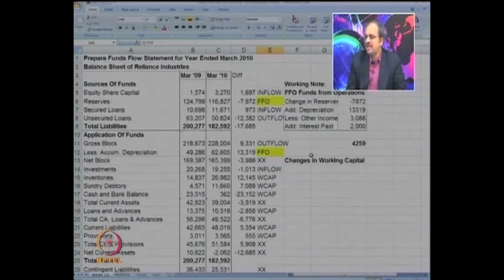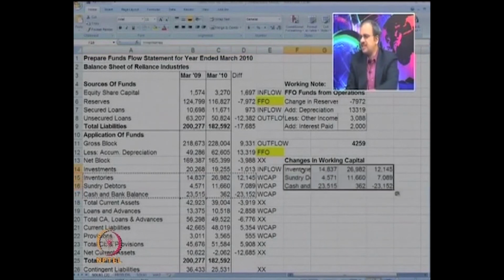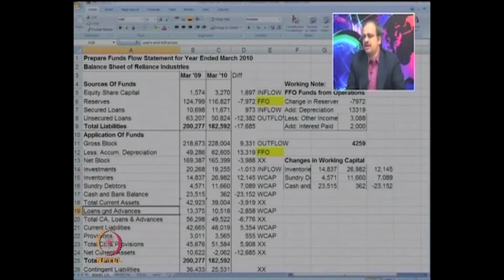So, amongst the working capital items you will see starting from inventory, we have inventory, debtors and cash. These three items there is a change in the working capital. So, let us take these three items, this represents the change. Then again there is an item loans and advances, which is one of the current assets.